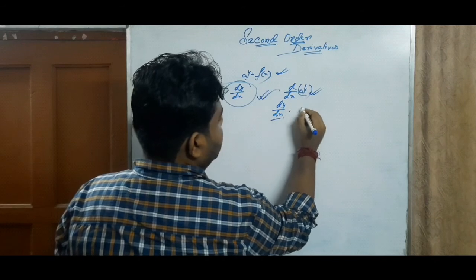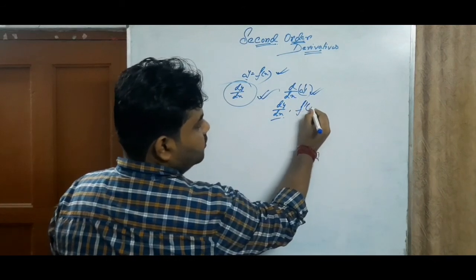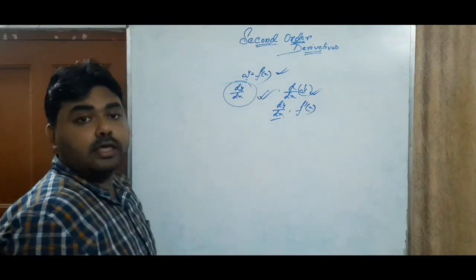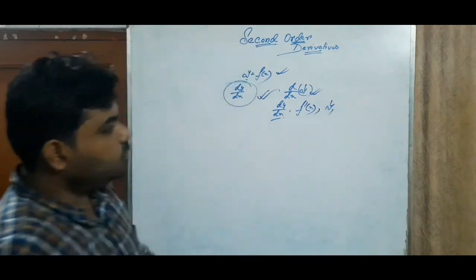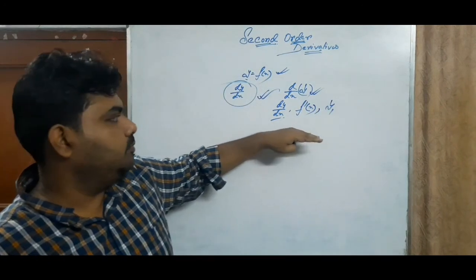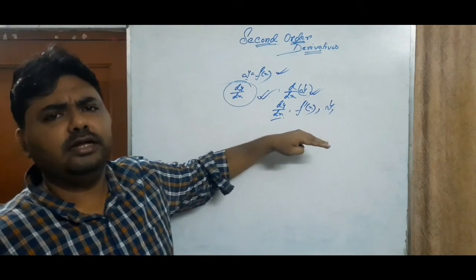We can also represent the first order derivative as f dash x, or sometimes we write it as y1. So these are the representations of first order derivative.